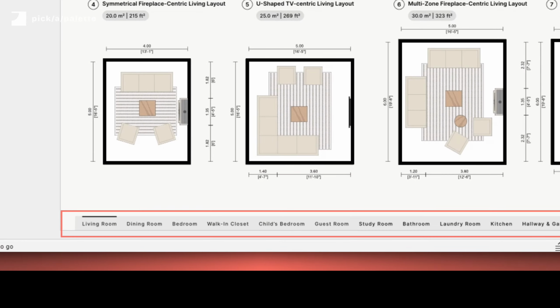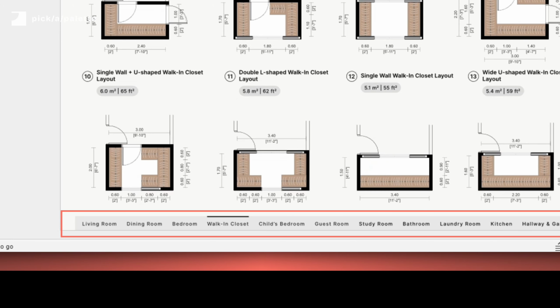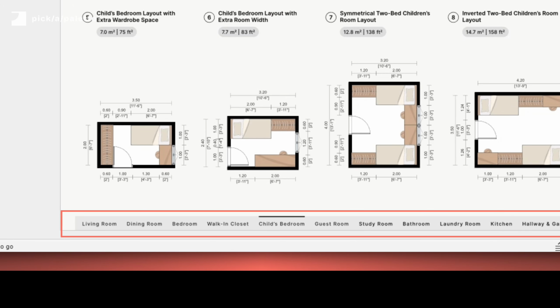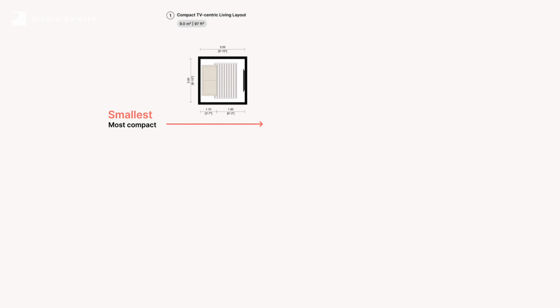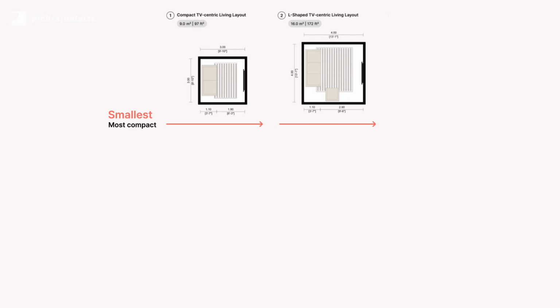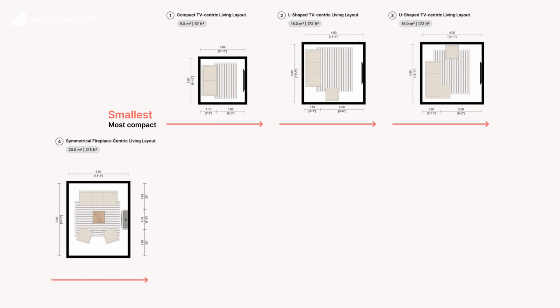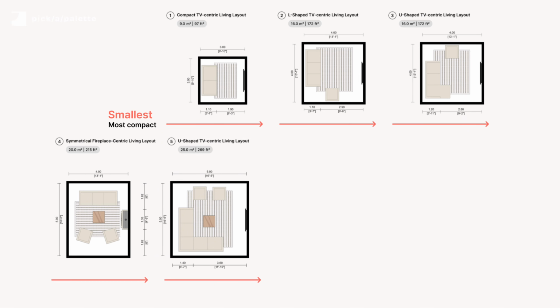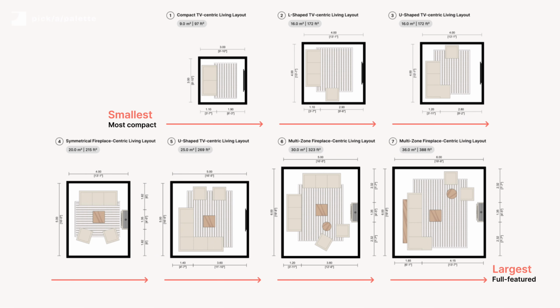Layouts are grouped by room type. You can use the bottom menu bar to quickly move between them. Within each sheet, layouts are arranged from smallest to largest. So if you're designing a smaller home, start with the more compact layouts, and if you have more space, you can explore the larger, more complete options.